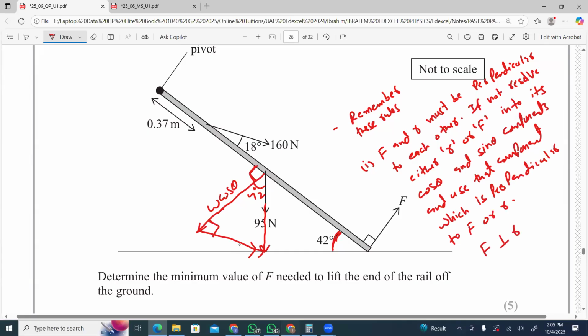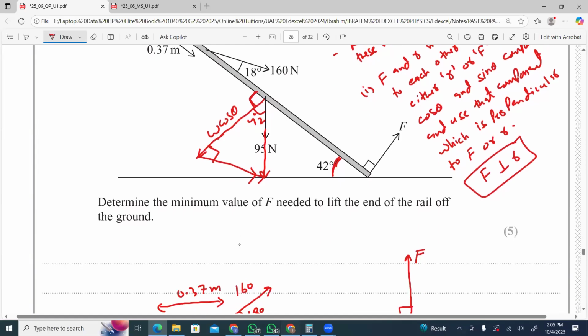So F and R must be perpendicular to each other. This is the key that you need to remember.